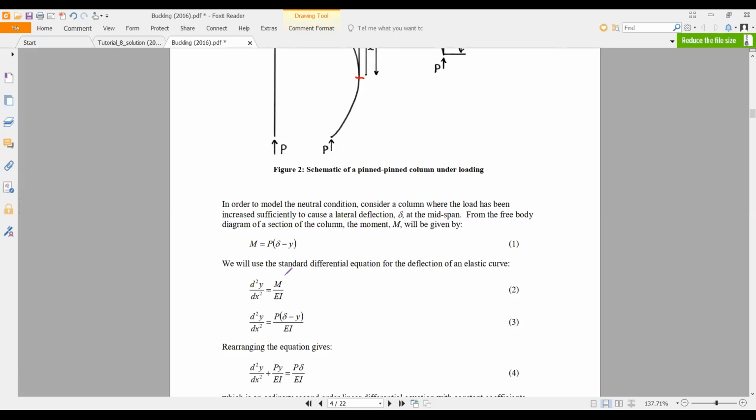So I think you know this equation. This is the standard equation of deflection of the elastic curve, a second order differential equation.